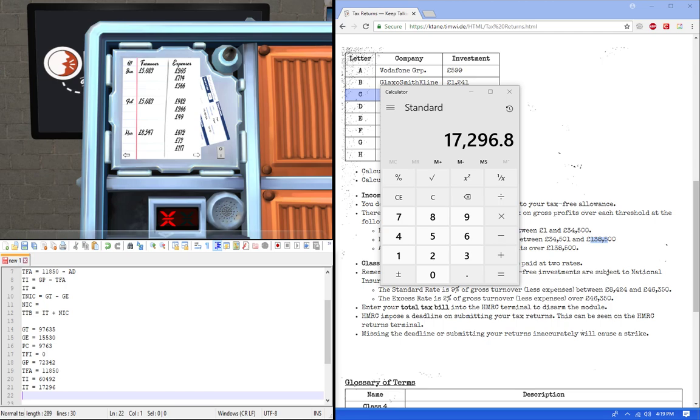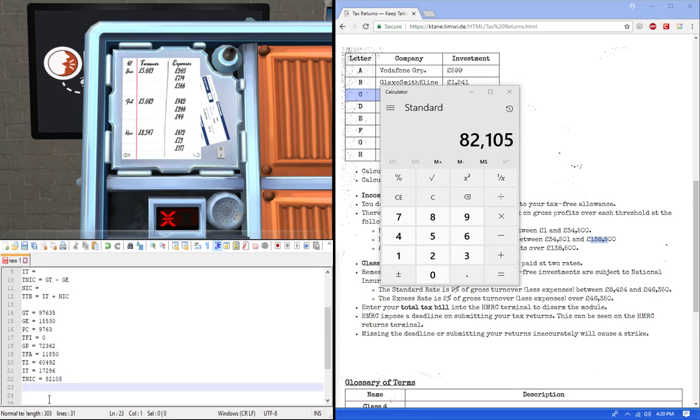Okay, now we gotta calculate our taxable NIC, which is going to be our 97,635 minus our 15,530. It's going to be 82,105. So then our NIC is going to equal, well, we gotta do our 8,424.